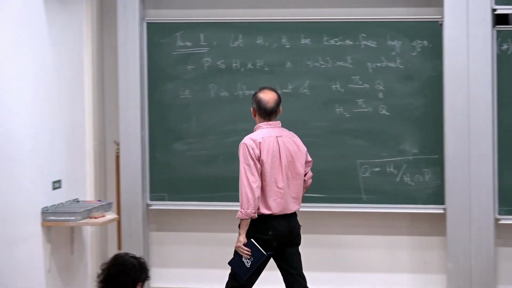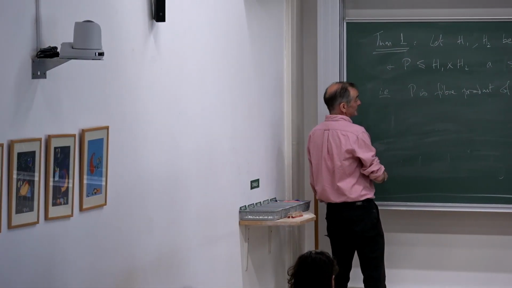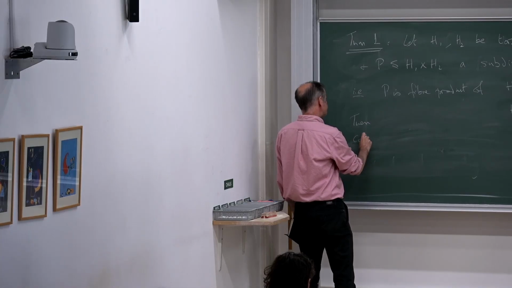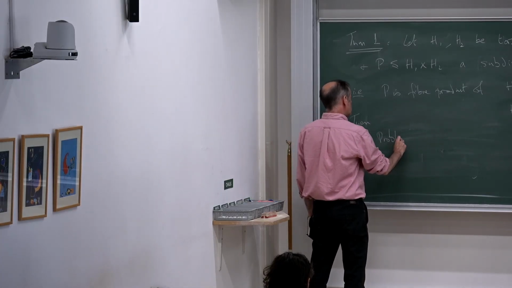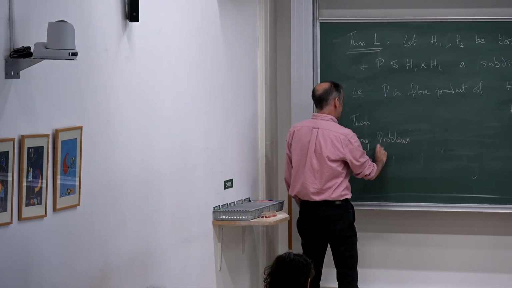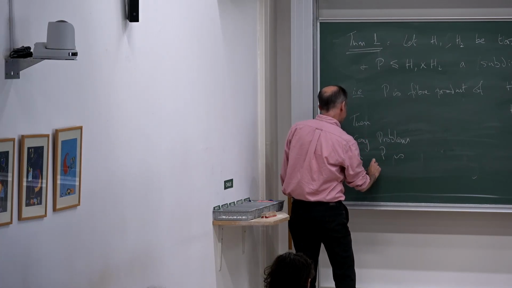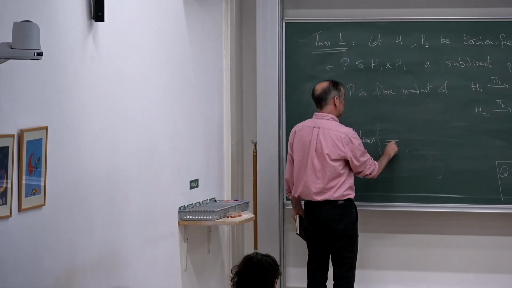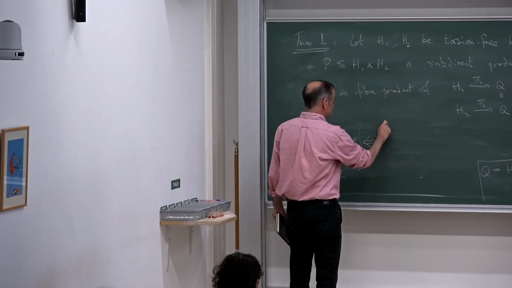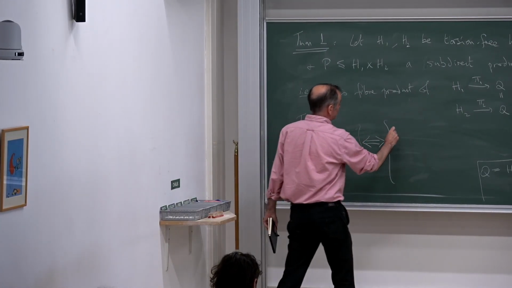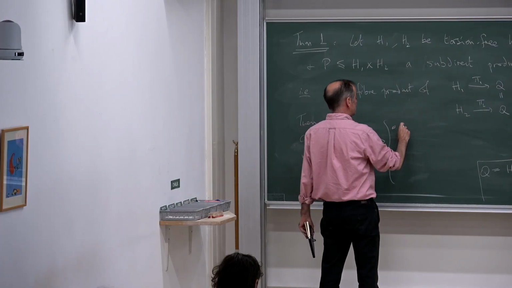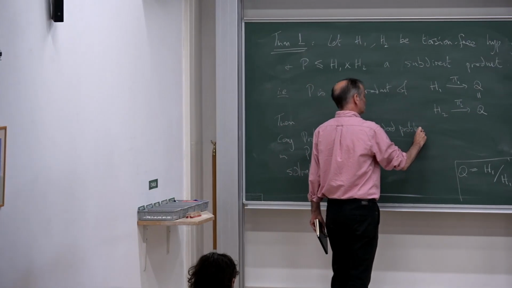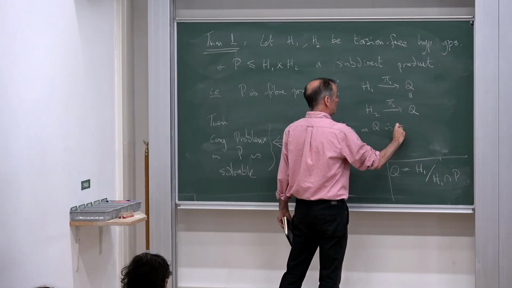Okay, so then I want to say the conjugacy problem in P is solvable if and only if, well, first of all, I'm going to have to put here the word problem in Q is solvable.